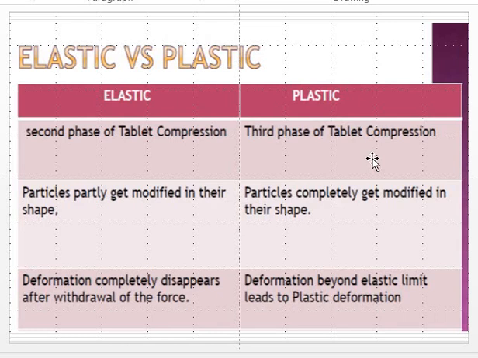So there is no tablet. But in case of plastic deformation, if your material is getting converted into an intact tablet, it is called plastic deformation, and your particles will not change their shape and size when converted into the tablet.